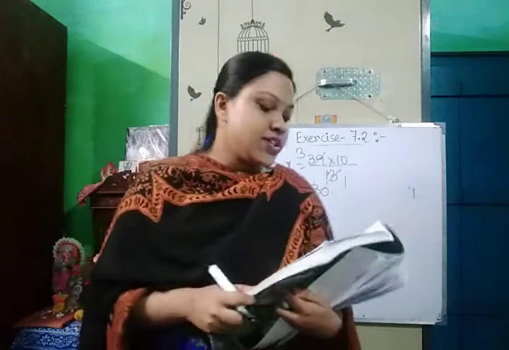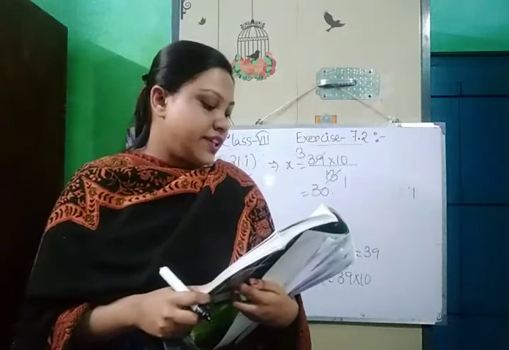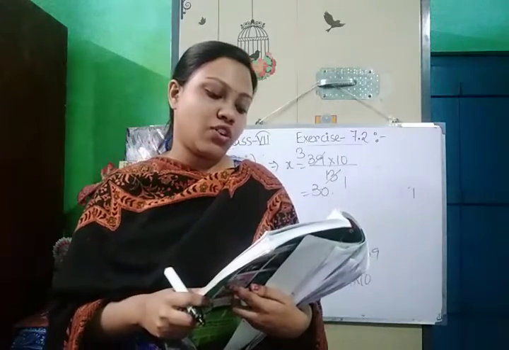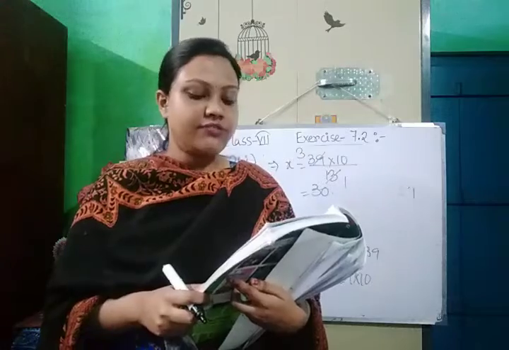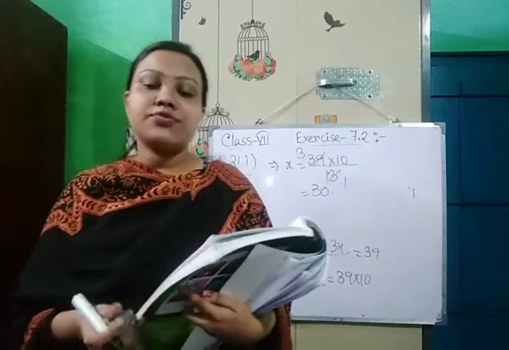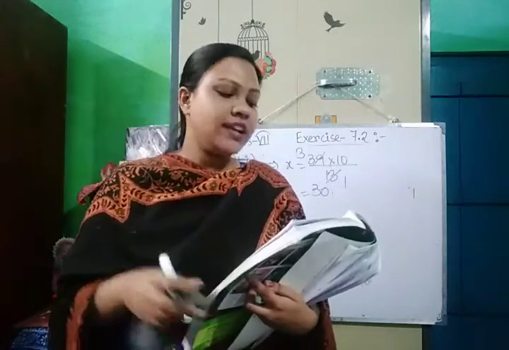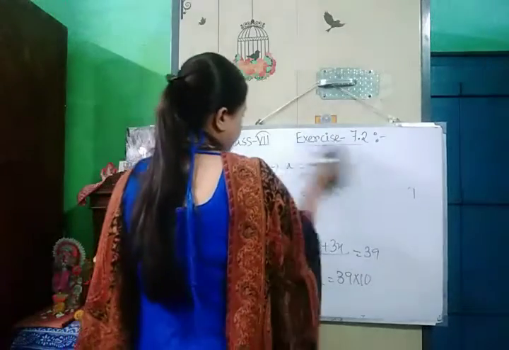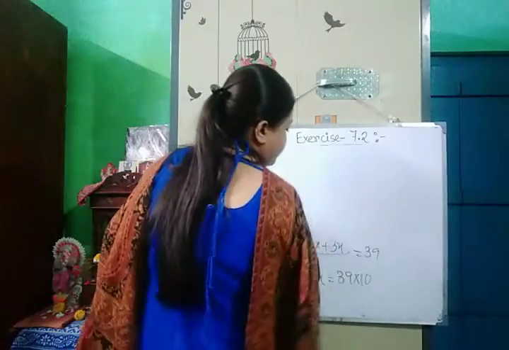Question number 23 is: if 15% of 60 is greater than 25% of a number by 3, then find the number. So we have to find a number and a condition is given. First we will assume the number. Let the number be x.